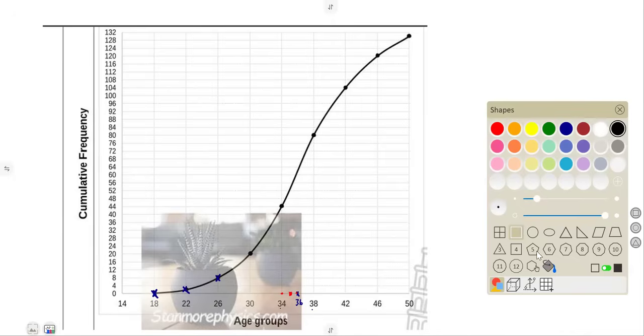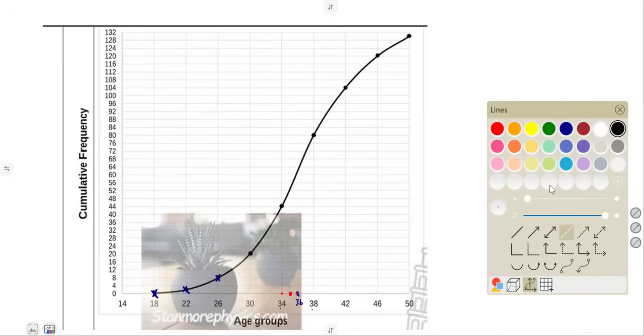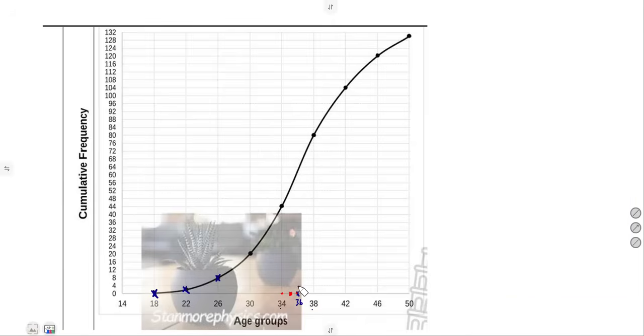Then we're going to take that point to the graph. So let's have something from 35 straight to the graph. This is your 35. You take it straight to the graph like this, to the corresponding point that we are seeing at 35.